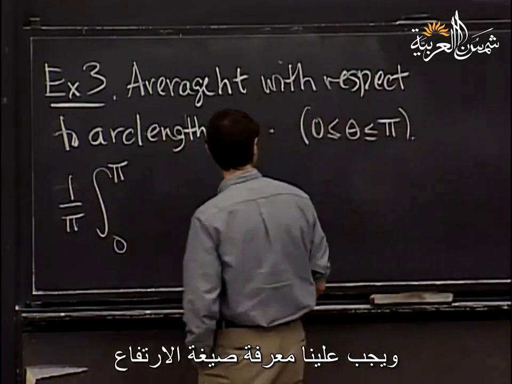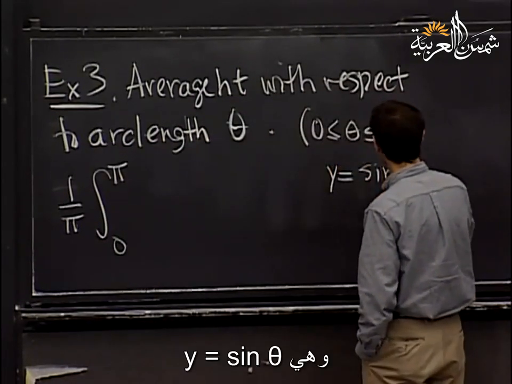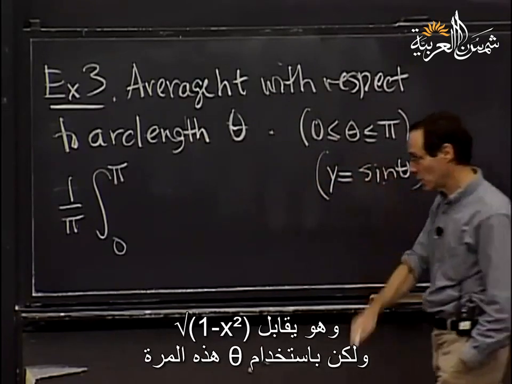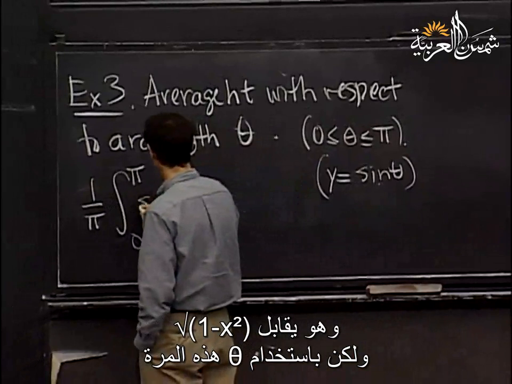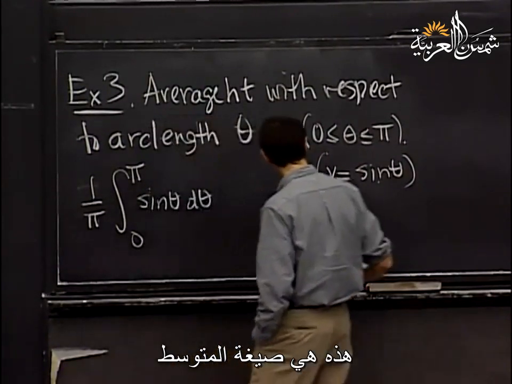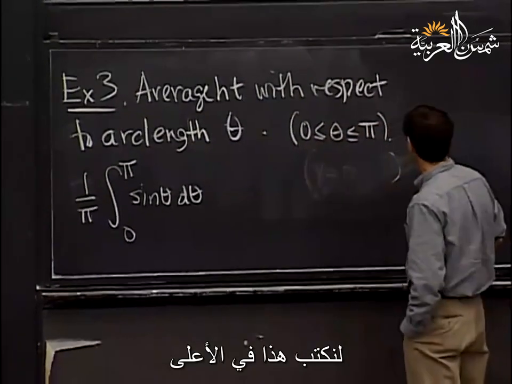And the integration requires us to know the formula for the height, which is sine theta, in terms of theta, of course. It's the same as square root of 1 minus x squared, but it's expressed in terms of theta. So it's this. And here's our average. Okay, sorry, I'll put this up here.